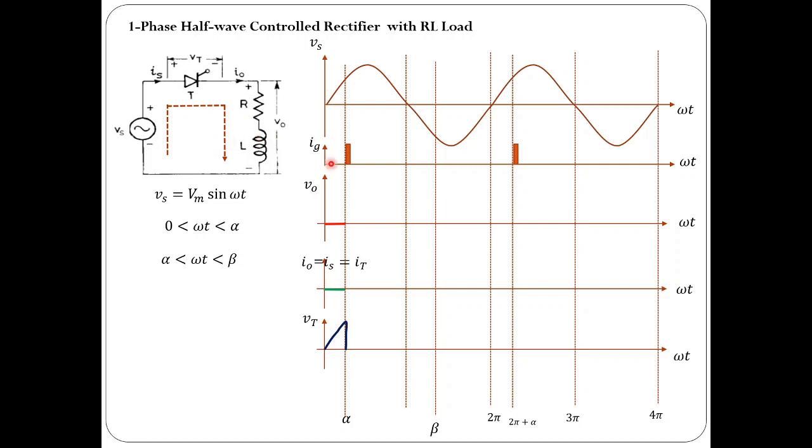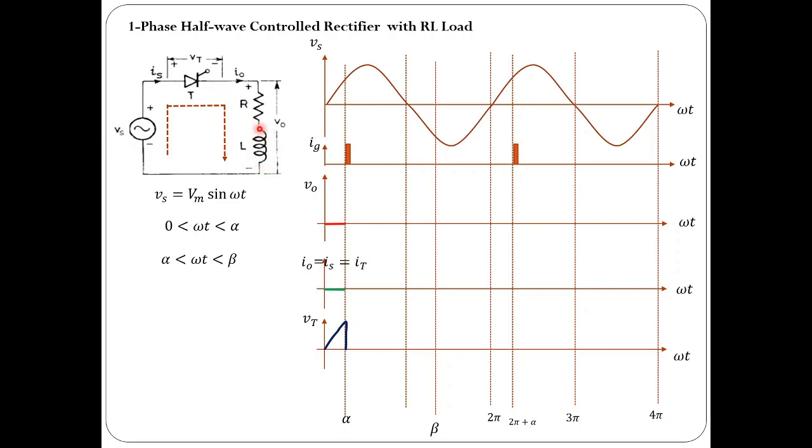So the load would conduct beyond pi, and the thyristor would be in the reverse bias condition from pi to beta. Even though the input voltage is negative, the thyristor would still conduct because the current through the inductor has not become 0.